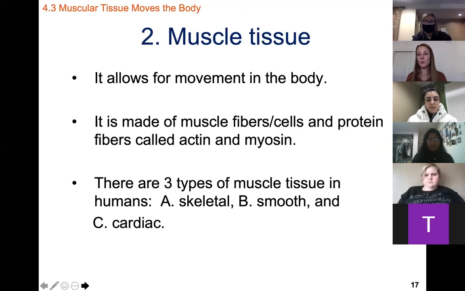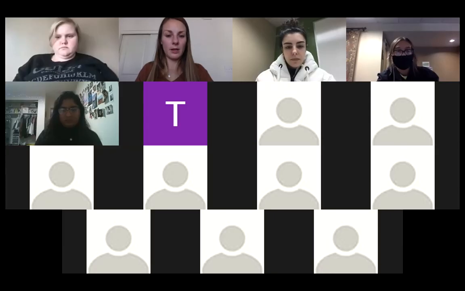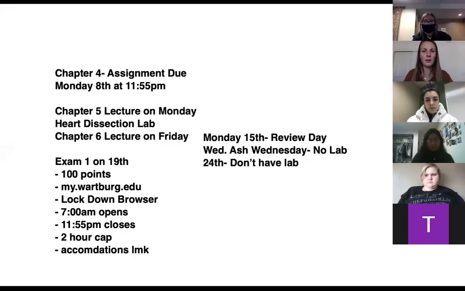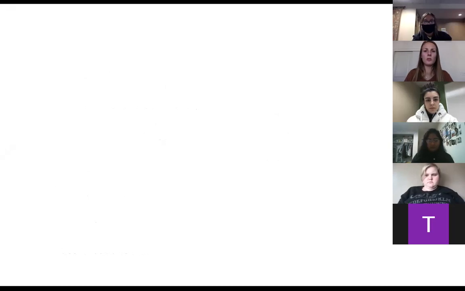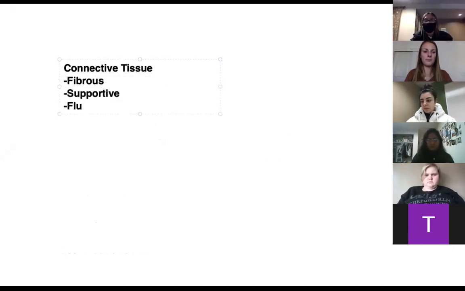So before I move on to muscle tissue, let's review the connective tissue that we talked about here. And I will clear all of the drawings. So first we have connective tissue. And the different types of connective tissue were the fibrous connective tissue, supportive, and fluid.